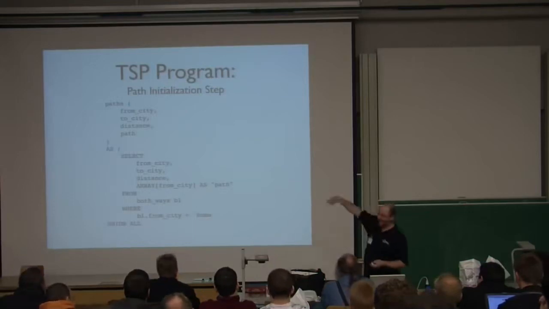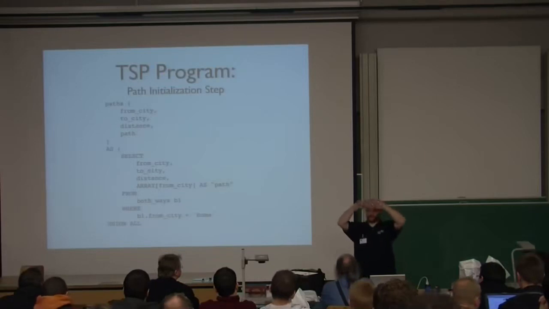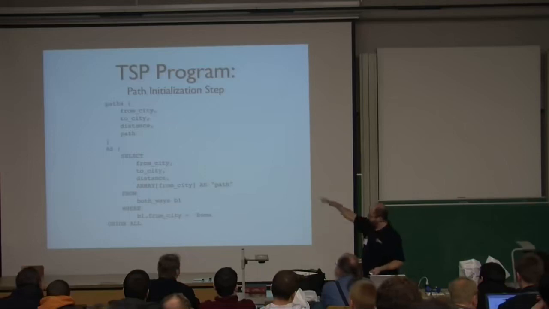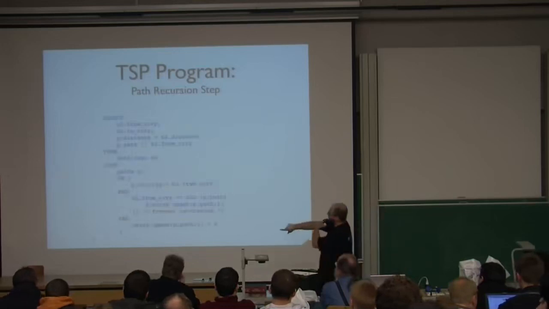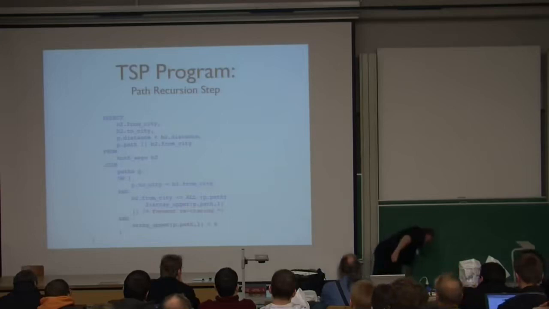Okay, so now that we have the paths that go from Rome to one other city, we need to keep going until we get back. So we've got those going outward, and then we want to choose more, starting from the endpoints of our previous paths.